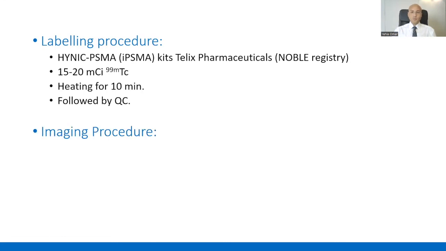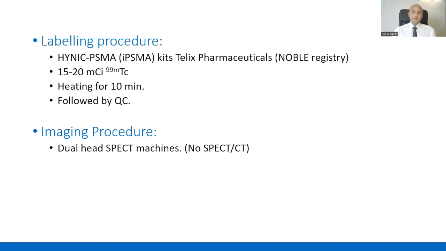Now moving to the imaging procedure, and this part is a little bit tricky because in our department, we do not have a dedicated SPECT-CT machine. We only have dual head cameras. We have two machines, but they are not SPECT-CTs, only SPECT.